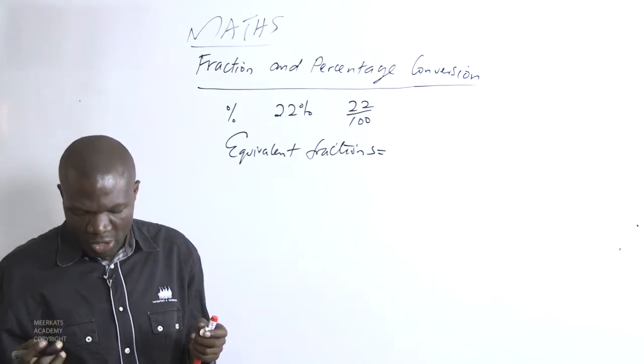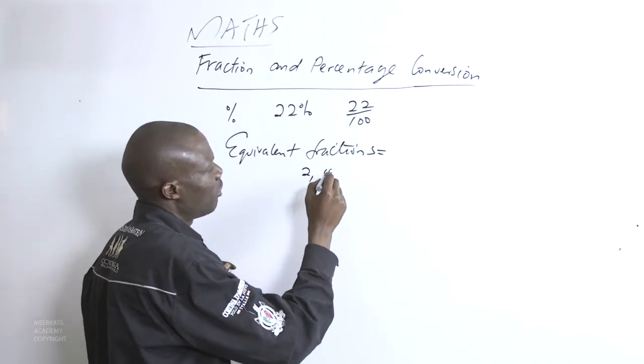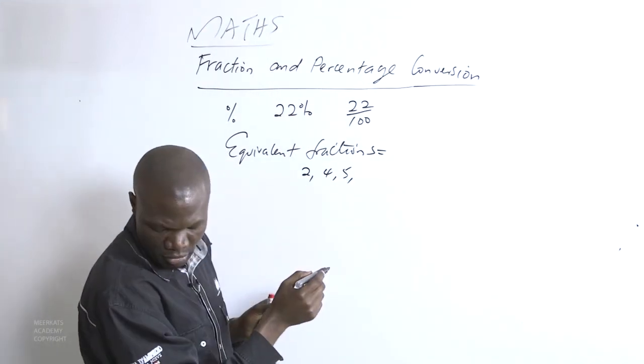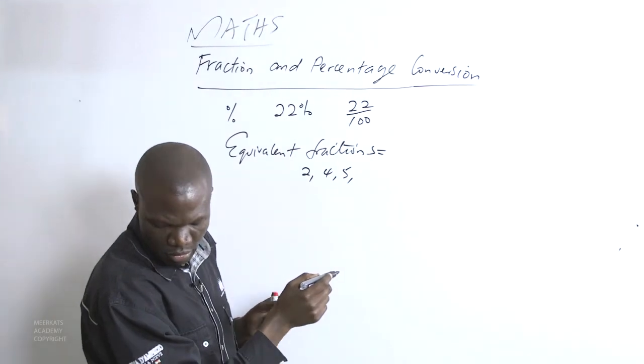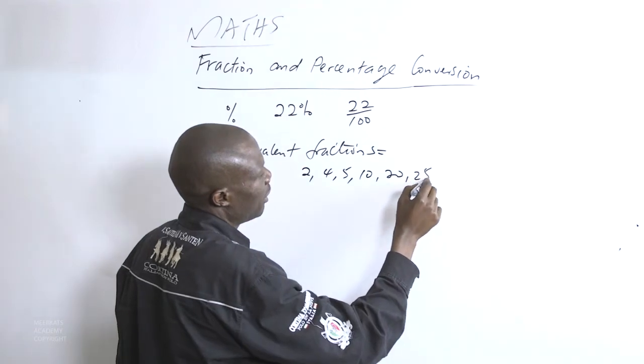So this idea works well when the denominator is either 2, 4, 5, 10, 20, 25, and 50.